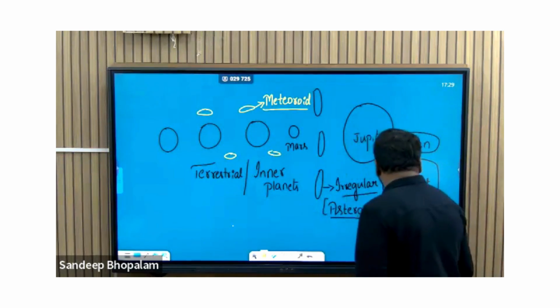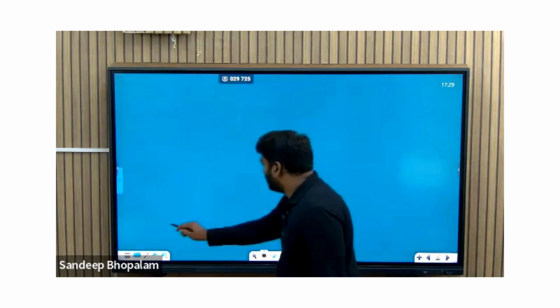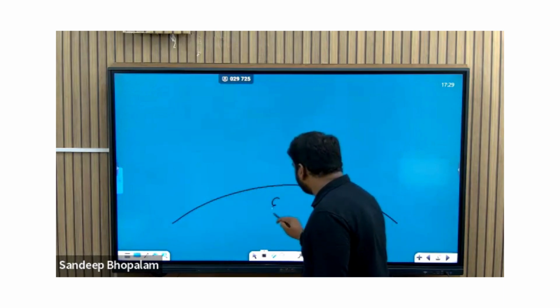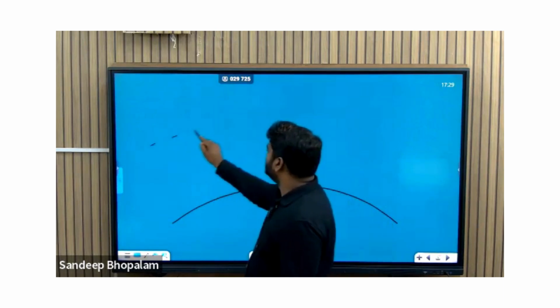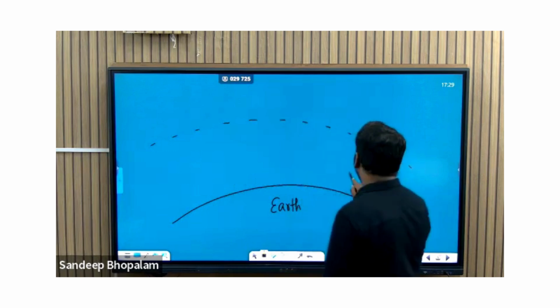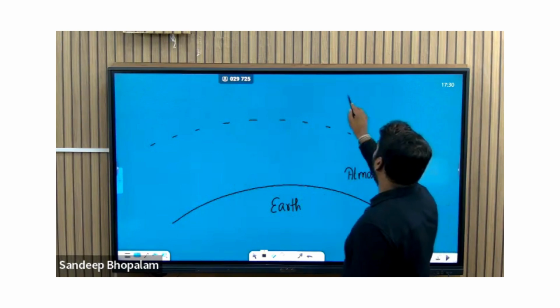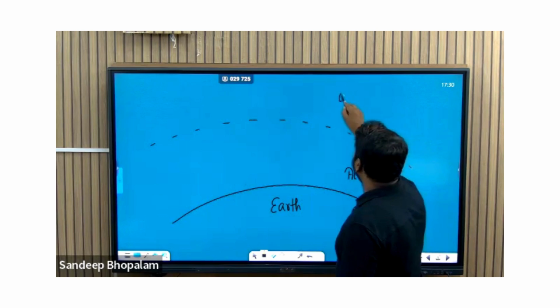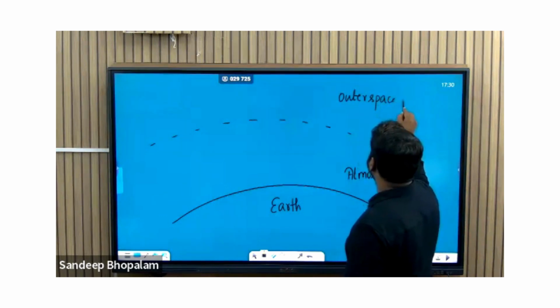Okay. Then whenever we observe Earth surface, atmosphere, outer space, three things.